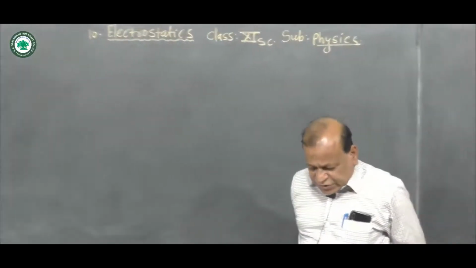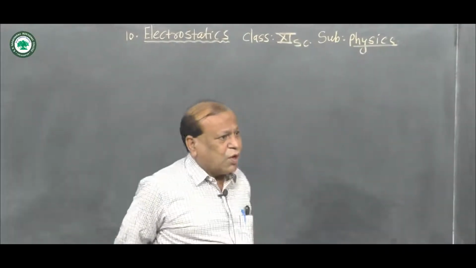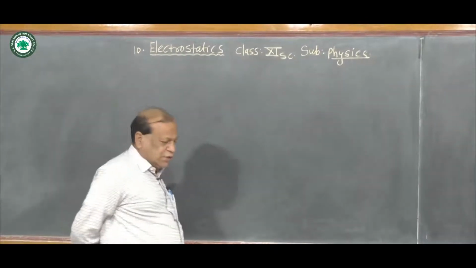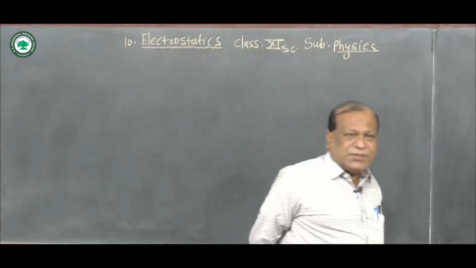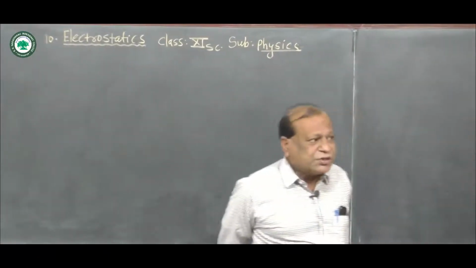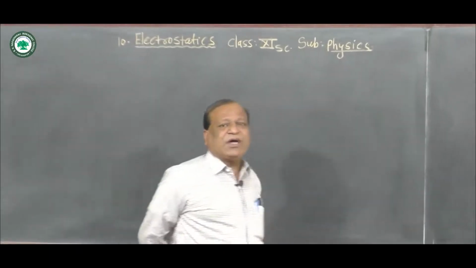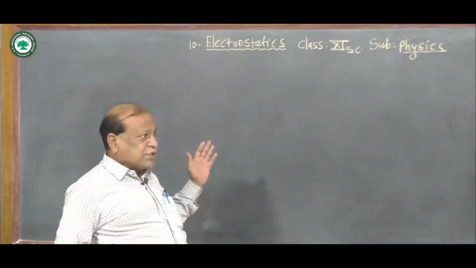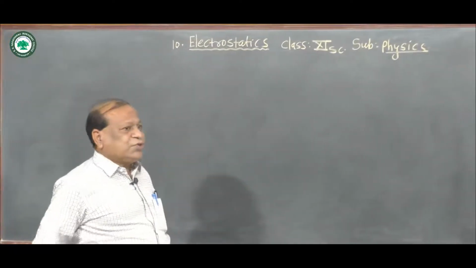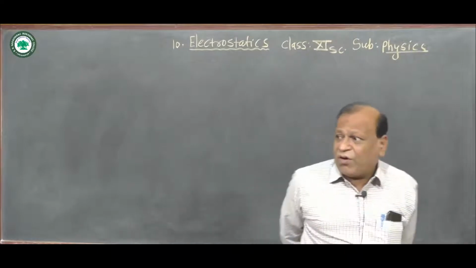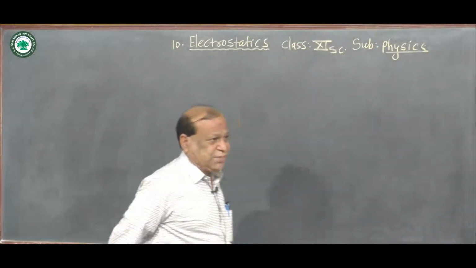In the previous lecture, we saw what is meant by electrostatics. Electrostatics is a branch of physics which deals with the study of charges at rest, or stationary charges. We also saw the basic properties of charges.